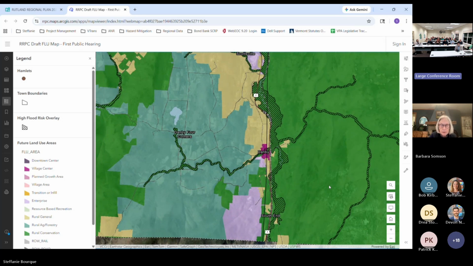I think our first concern, which we've passed on to you right along, is the enterprise area that's overlapping our town's water supply area. My question is, how did that development come about?